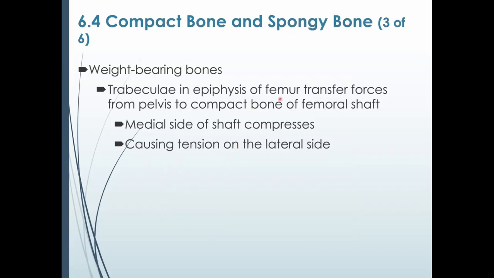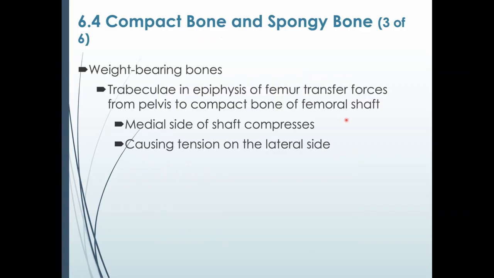So with your weight-bearing bones, this is kind of what I've been telling you already. Your trabeculae in the epiphysis is going to transfer forces from the pelvis to the compact bone of the femoral shaft, right, to the diaphysis. The medial side of the shaft is going to compress. That's going to cause tension on the lateral side.